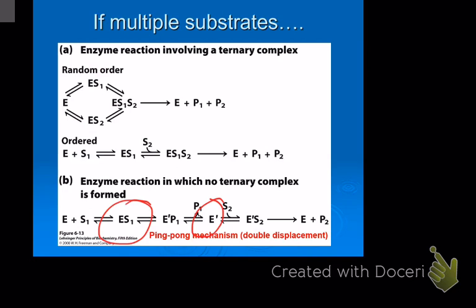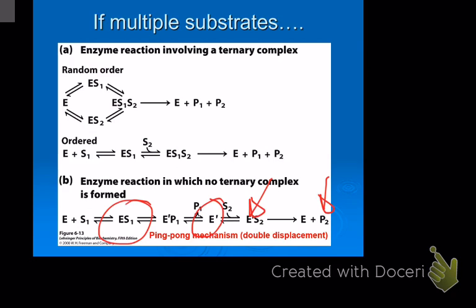Then the second substrate comes in, that's the pong part of ping-pong, binds that modified enzyme, and takes the amino group off the enzyme to make the second product, and you get your enzyme back. That's why it's back and forth, and why they call it ping-pong or double displacement. Okay. So that one's actually quite common as well.